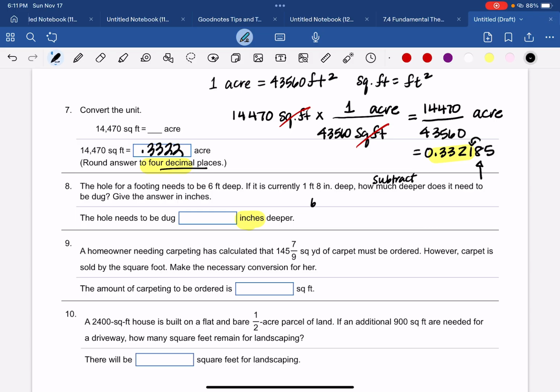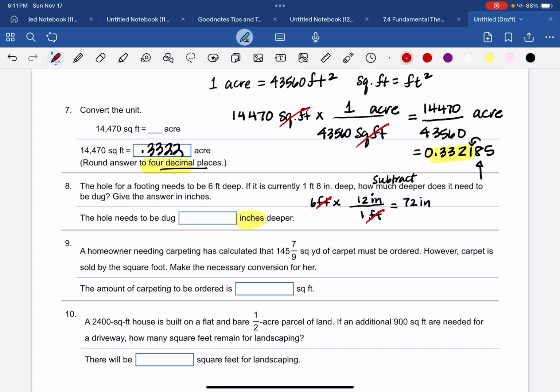So our 6 feet times, same thing, there are 12 inches in 1 foot. That one you probably know. So that ends up being 72 inches because the feet will cancel out, and then the 6 times 12 is 72.